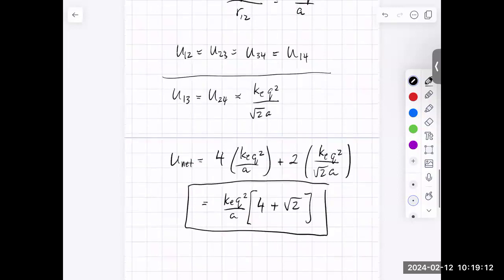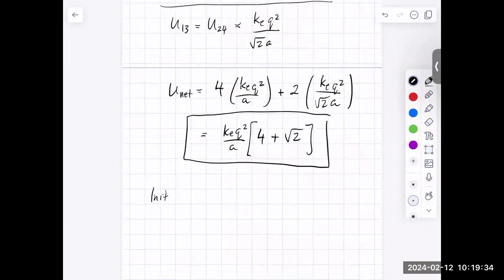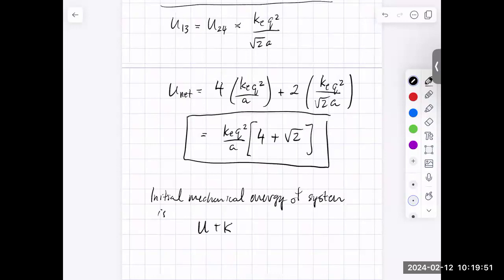Okay, good. What's the initial kinetic energy if they're all released from rest? 0. Okay, so then we now know the initial mechanical energy of the system. It's potential plus kinetic, but the kinetic energy is 0. And so the initial mechanical energy of our system is the potential energy plus the kinetic energy.